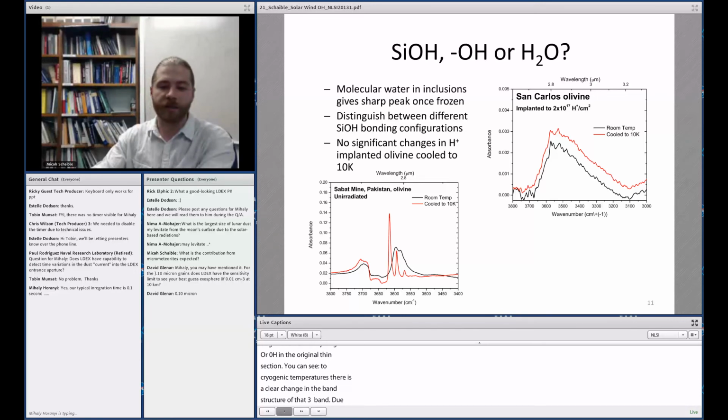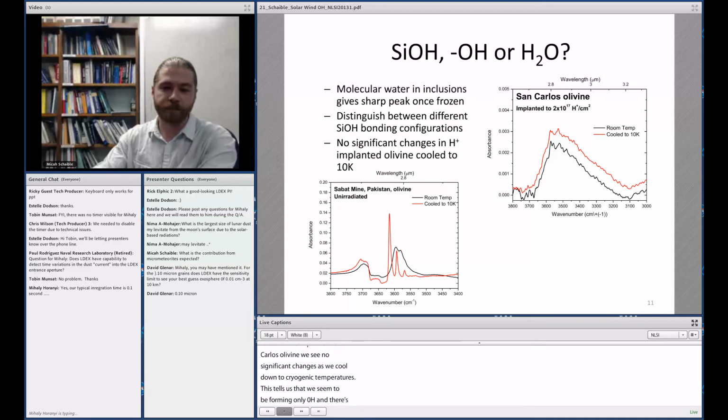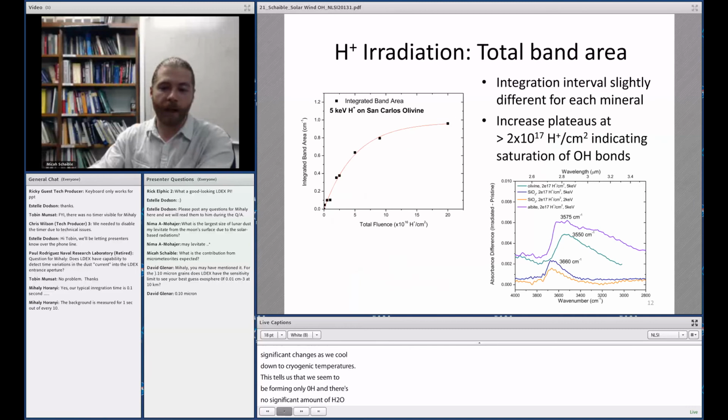Whereas for the implanted San Carlos olivine, we see no significant changes as we cool down to cryogenic temperatures. So this tells us that we seem to be forming only OH, and there's no significant amount of H2O molecules formed due to the hydrogen implantation.